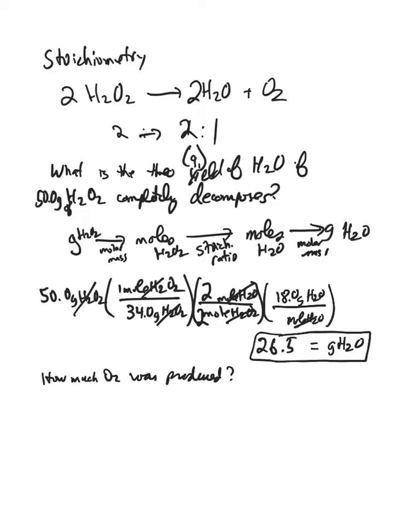So if I started out with 50 grams of reactant, which is H2O2, and I've made 26.5 grams of water, I can just, by simple subtraction, figure out the grams of oxygen that I've produced. So 50 minus 26.5 is 23.5 grams of molecular oxygen, O2.